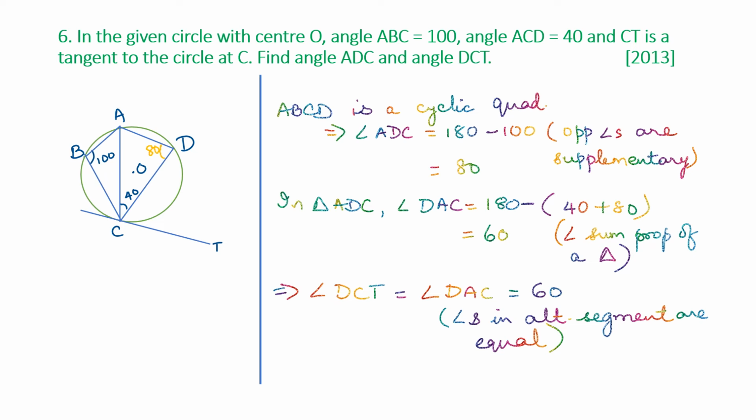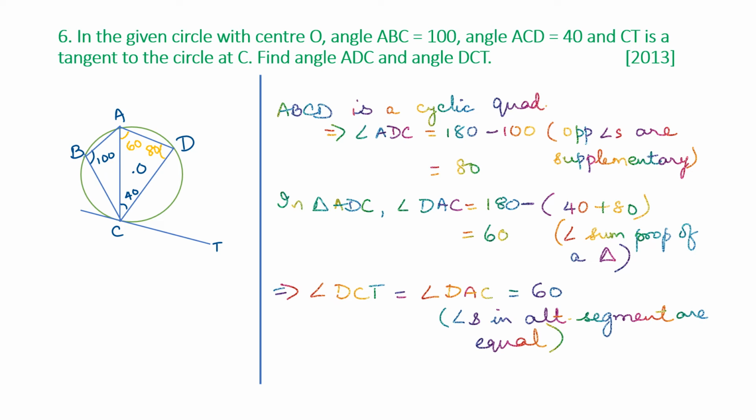Then in triangle ADC, since this is 80 and this is 40, I can find out this angle, which turns out to be 60. 180 minus 40 plus 80, angle sum property.